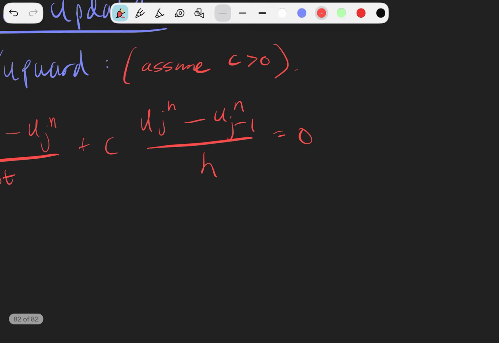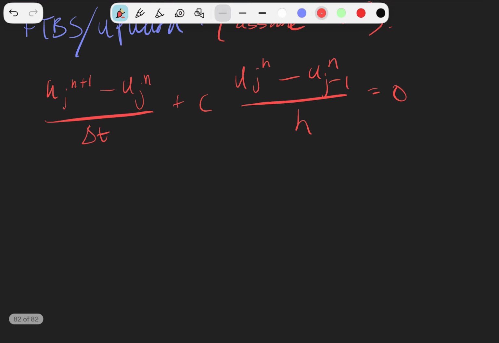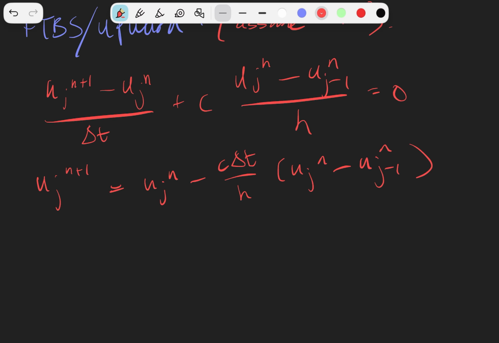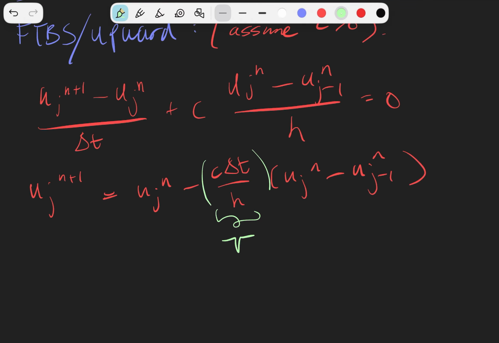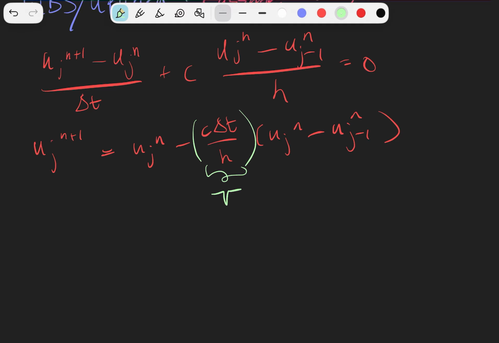That's h. Hopefully you understand that. And what we will get, if we rearrange, I think it should be U sub j at n minus c delta t over h times (U_j^n minus U_{j-1}^n). This coefficient here we're going to call nu, right?